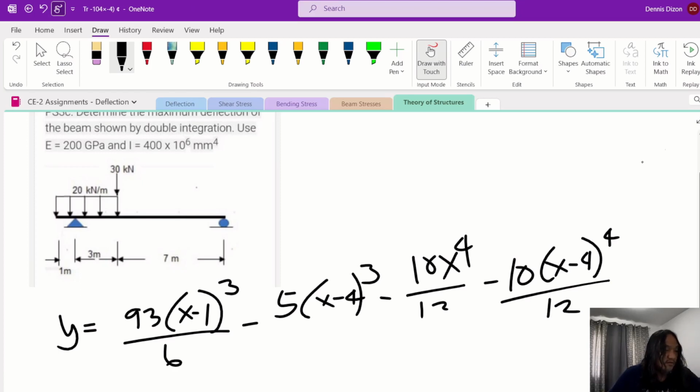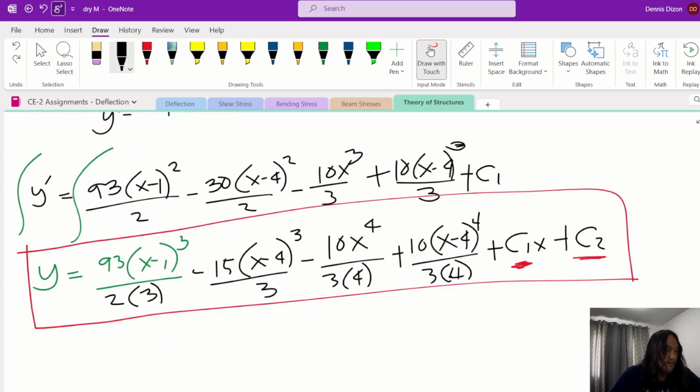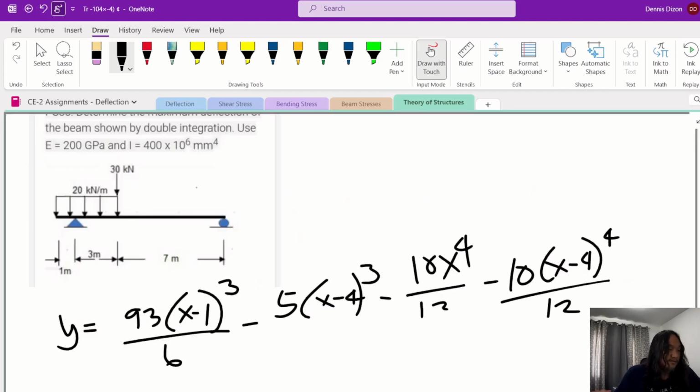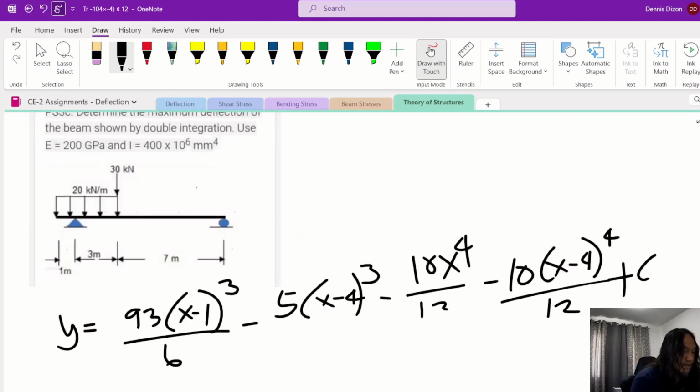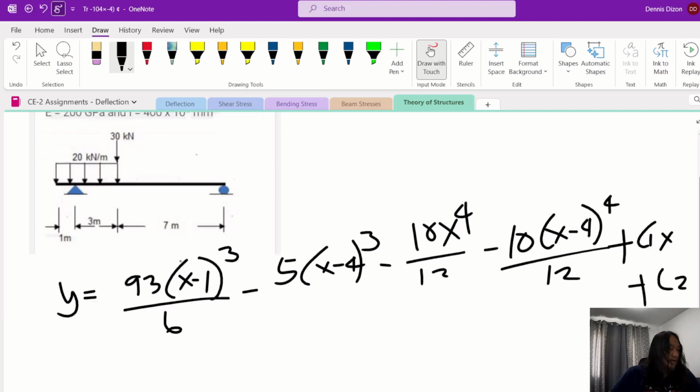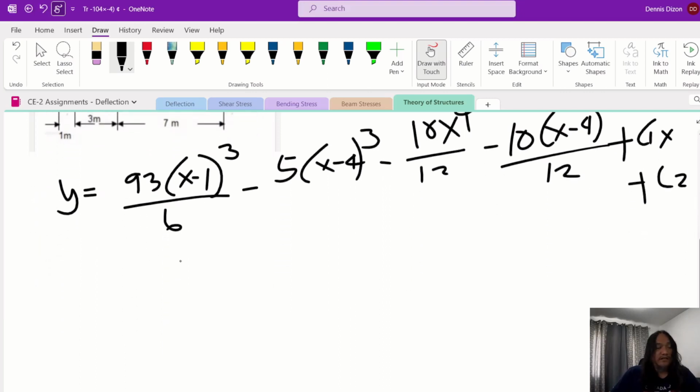So that x minus 4. And then plus C1x plus C2. So that is our general equation.